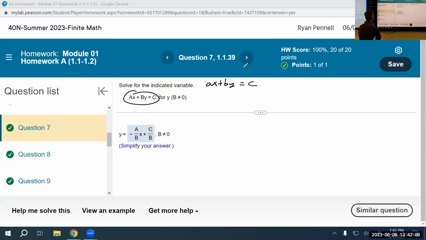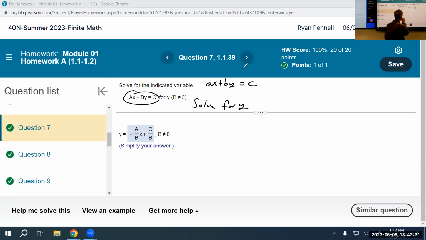The y-intercept form is y equals mx plus b. But here it says solve for y, so I'm trying to solve for y. What we'll get out of this is the y-intercept form, y equals mx plus b.